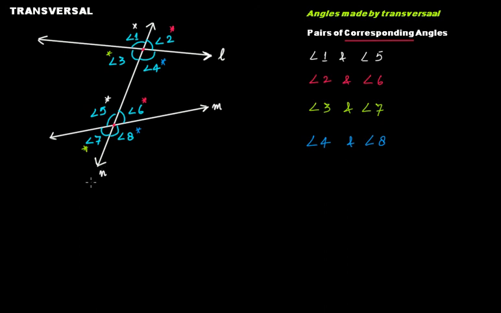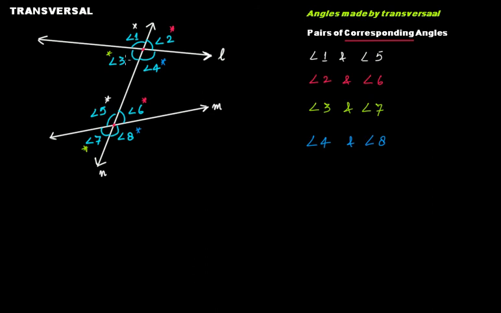Now, angle 2 and angle 6, these two angles are corresponding, towards the upside, like 2 is upside to L, 6 is also in the upward direction, and both these angles are towards the right of this line.